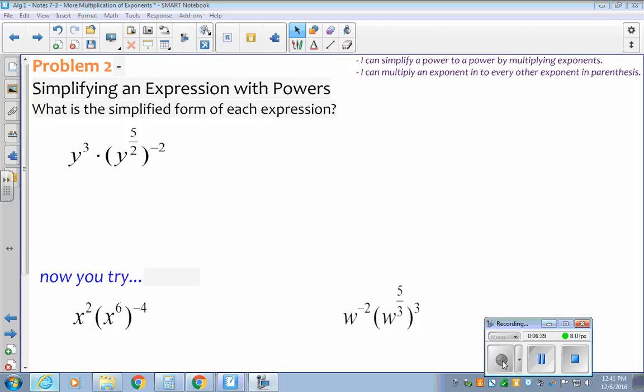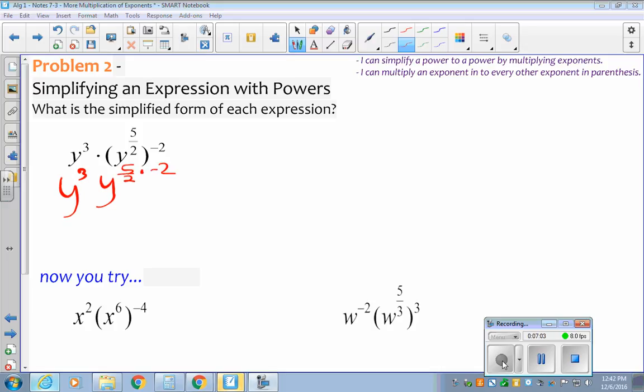Alright, so let's look at the scenario where we have multiple things going on. Let's take care of our parentheses first, so don't forget order of operations. We're going to take care of parentheses and exponents before we do multiplication. So we have our y cubed. We're going to take our y to the 5/2 and multiply it by -2.